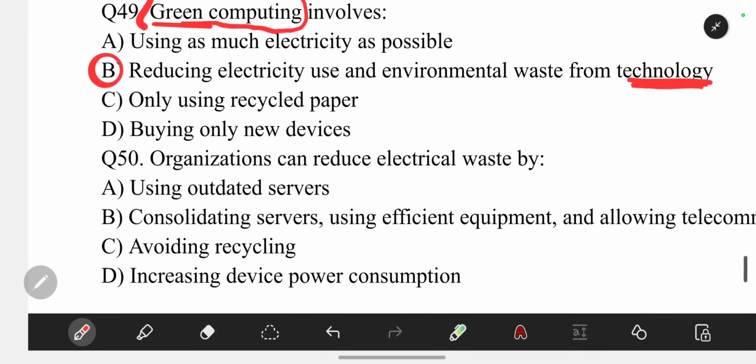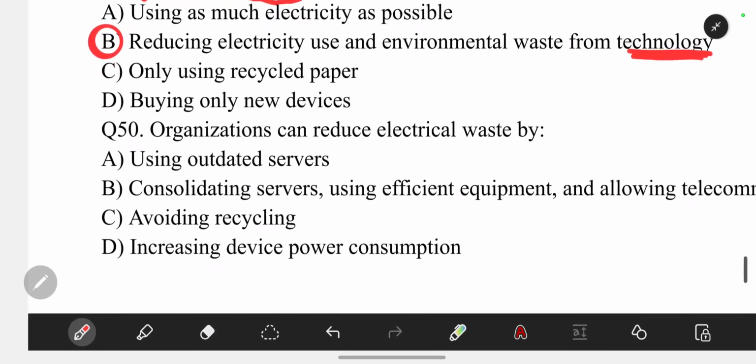Number 50, an organization can reduce electronic waste by. So this is straightforward. Let's look at the options. Using outdated servers, no. Avoiding recycling, no. Increasing device power consumption, that is contributing.